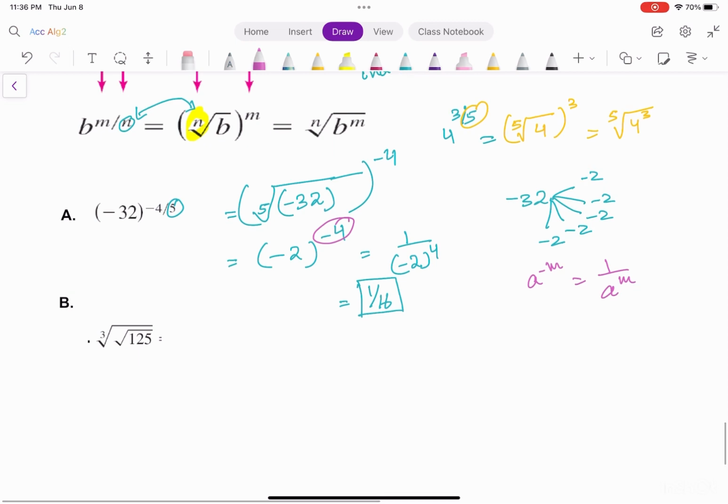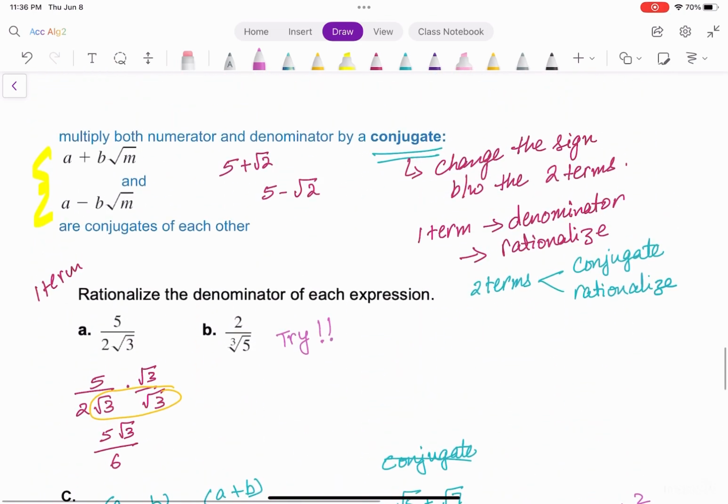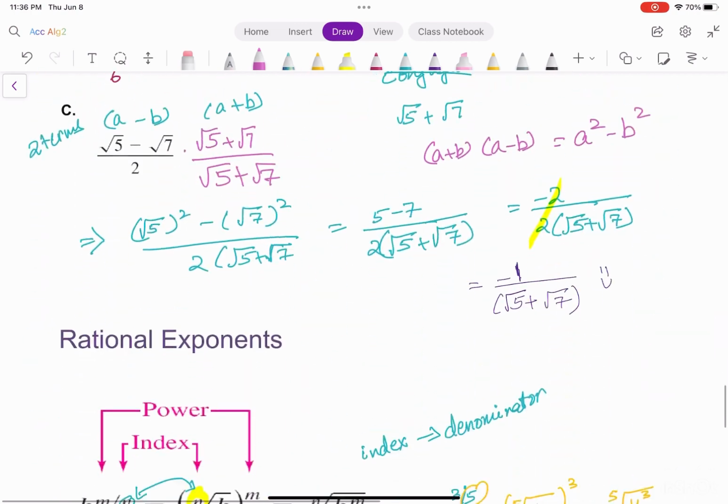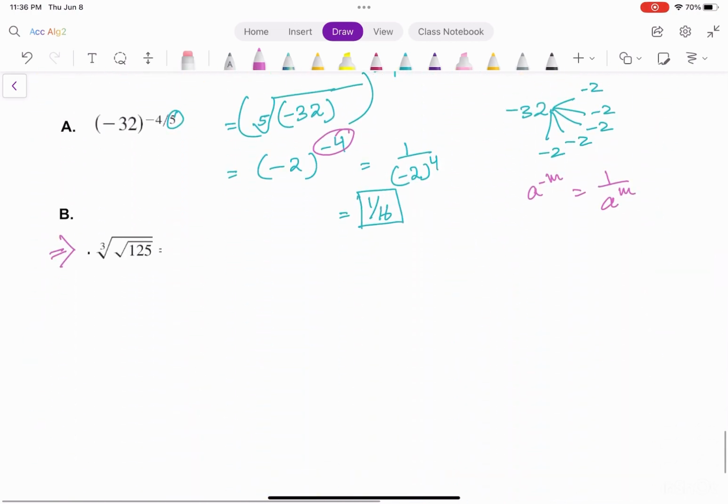Now question number B is very, very interesting. We have talked about this property earlier. Right here, number 4. So what they are talking about, just combine the two indexes together. So the inside index is 2, right?